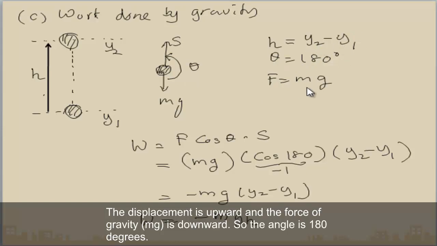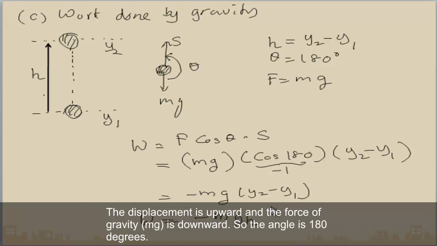The force is mg. Using the equation W equals F cosine theta times S, we have mg times cosine 180 times (y2 minus y1). Cosine 180 is minus 1, so we get minus mg (y2 minus y1). So the work is equal to negative mgh.